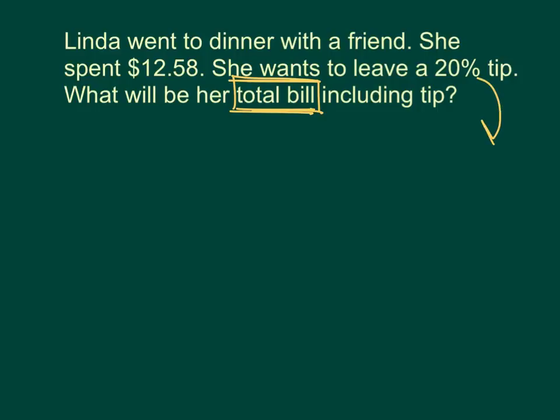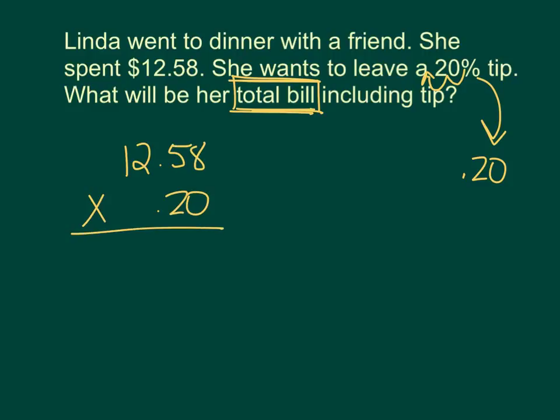So once again, we're going to change our percent into a decimal. So move the decimal point over 2 spaces to the left. 20% becomes 0.20. We would do $12.58 times 0.20.